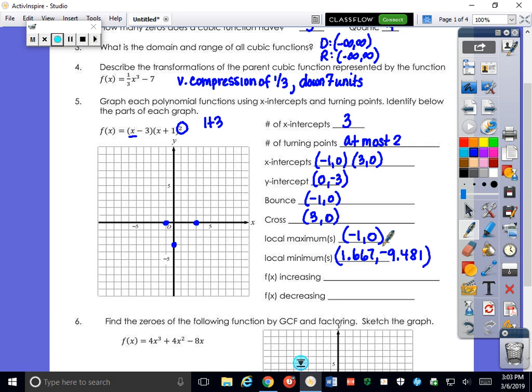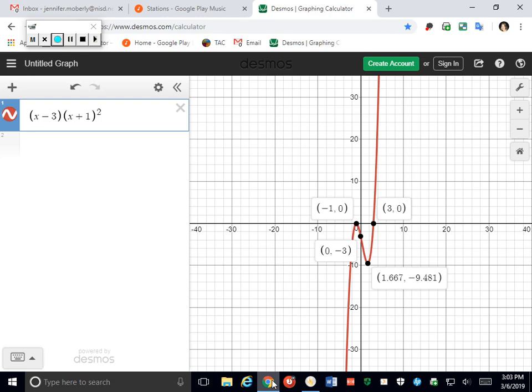Okay, so increasing and decreasing. Let's look at what the graph looks like. If you notice, this turning point down here is where it's going to start increasing, and then we are also increasing on the left side of the grid as well.